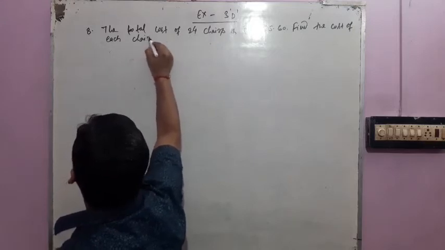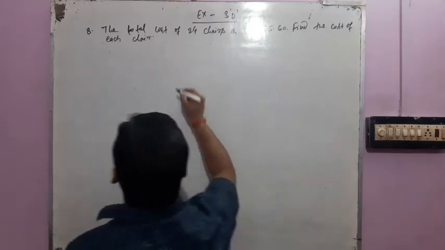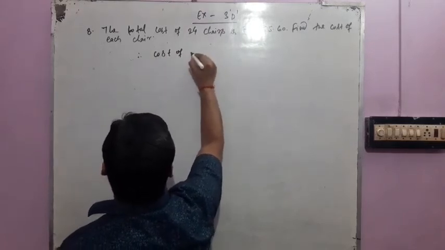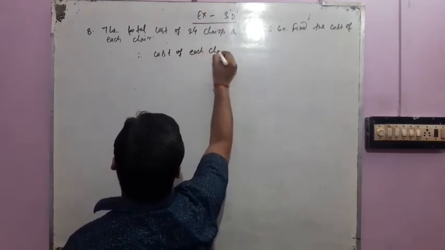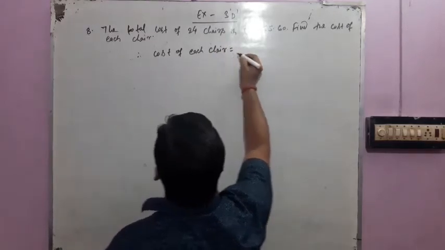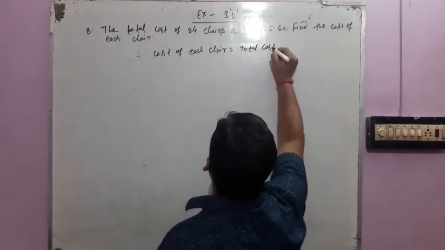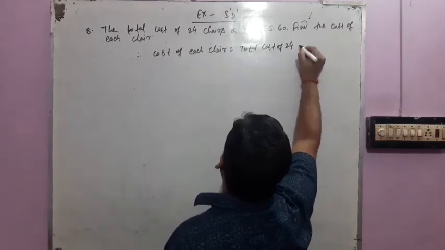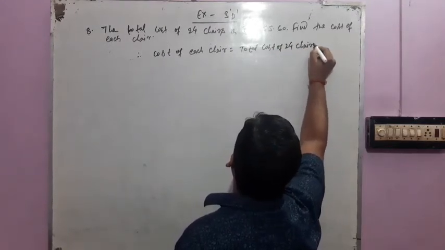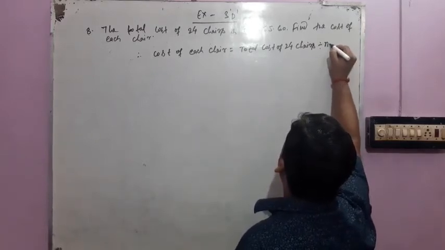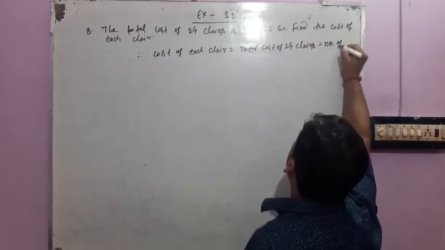Okay, students. Therefore, the cost of each chair is equal to the total cost of 24 chairs divided by the number of chairs.